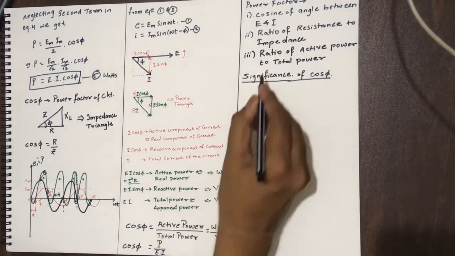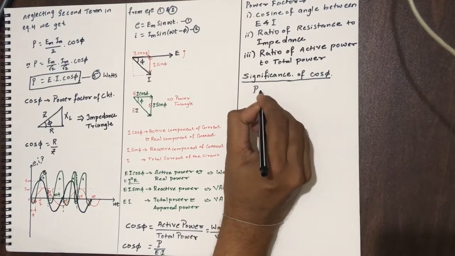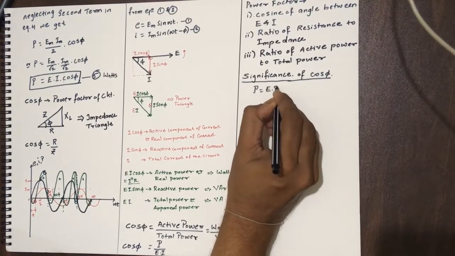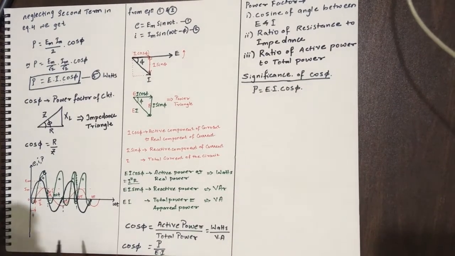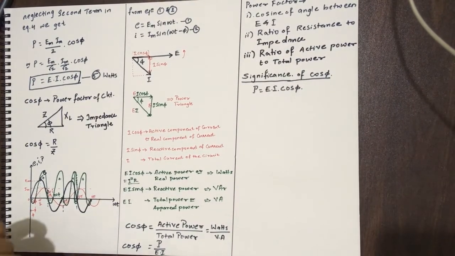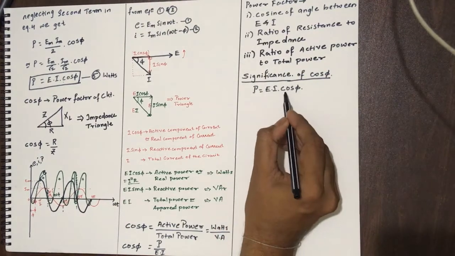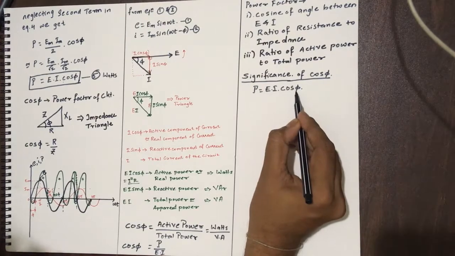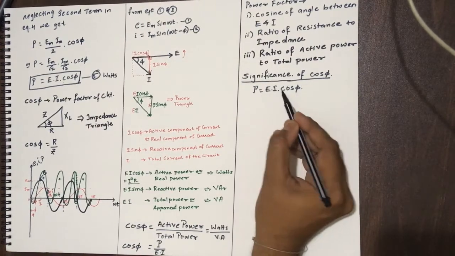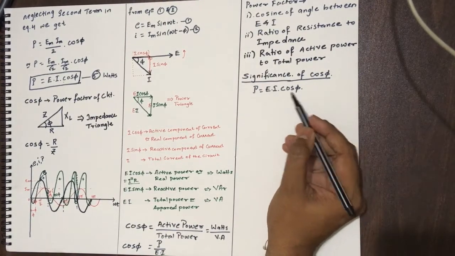So we have power consumed P is equal to EI cos phi. It is very much evident that as the value of cos phi increases, power consumed in the circuit increases.